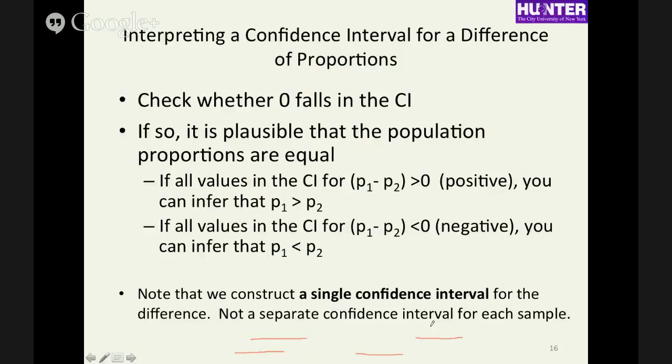And the correct way to test whether there is a difference in the means is by building a single confidence interval on the difference in means. Is that clear? Do you believe me that this approach would be wrong? Could anyone explain to me why this seems wrong?